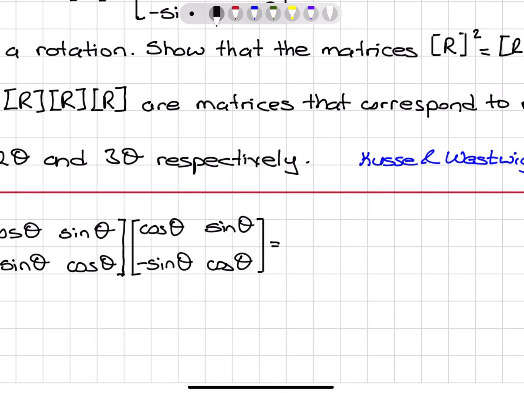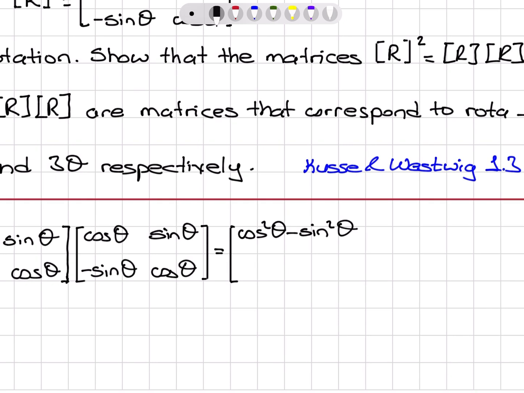Let's start working on this product. First, I have cosine square theta, and then I have minus sine square theta. So cosine square theta minus sine square theta. Then I have cosine theta sine theta plus sine theta cosine theta. So that's going to give me twice cosine theta sine theta.